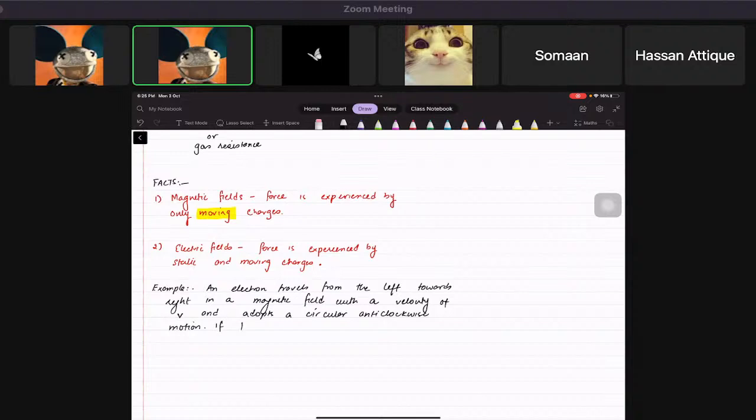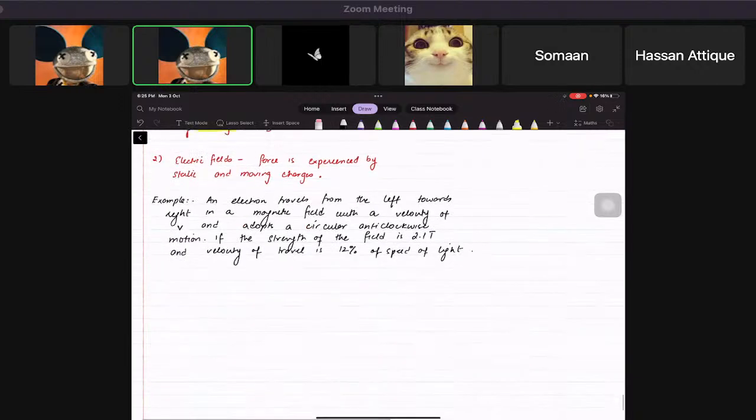It says if the strength of the field is 2.1 Tesla and velocity of travel is 12% of speed of light, my bad. So number one, you got to determine the centripetal force.